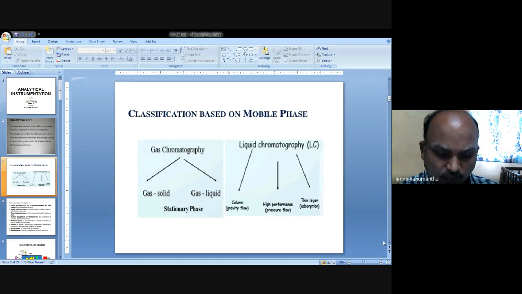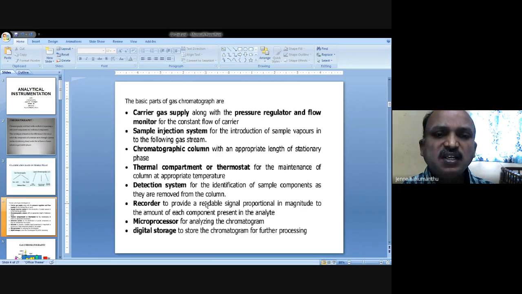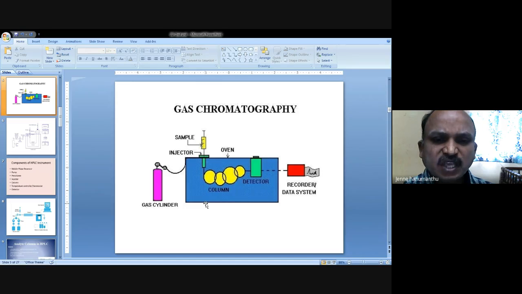Now we are going to see, first of all, what is gas chromatography? Generally in gas chromatography, this is a diagram that is available. It is a gas cylinder, and this is a sample injector. We want to inject the sample into the column. The column is within the oven.